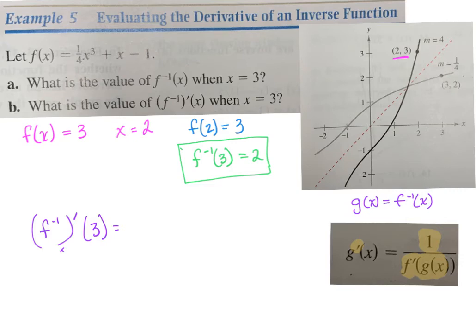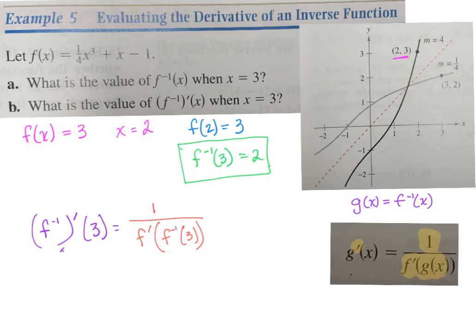So if I were to do this one like that, I would say the derivative of the inverse of f should be 1 over the derivative of the original function at the inverse of the number I'm looking for. So 1 over the derivative of the original function at the inverse of the number that I'm looking for.